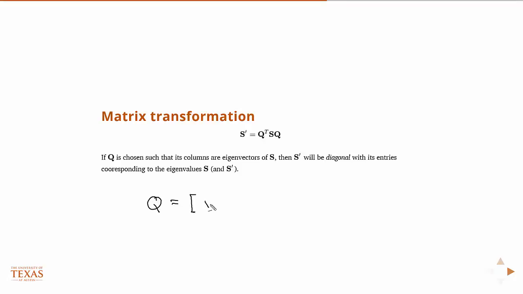Meaning this S prime, if Q is chosen such that you have V1, V2 for a 2 by 2 matrix, where these are vectors, so Q would have entries Q11, Q12, Q21, Q22.